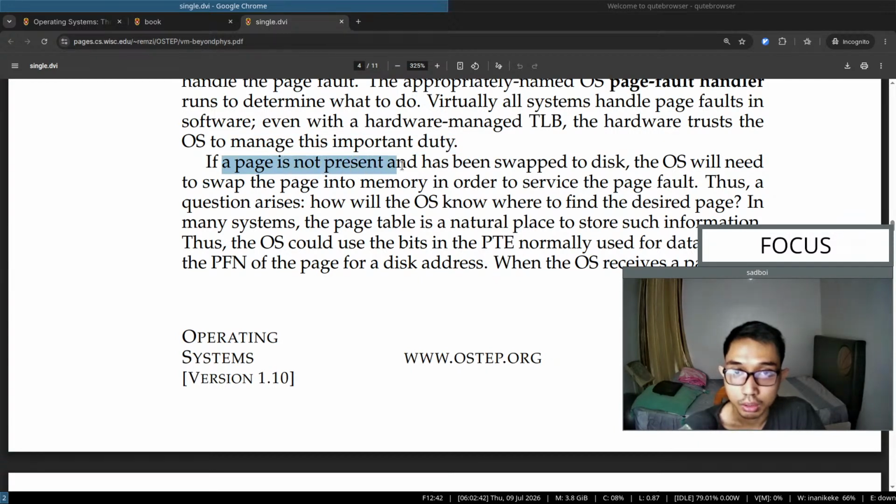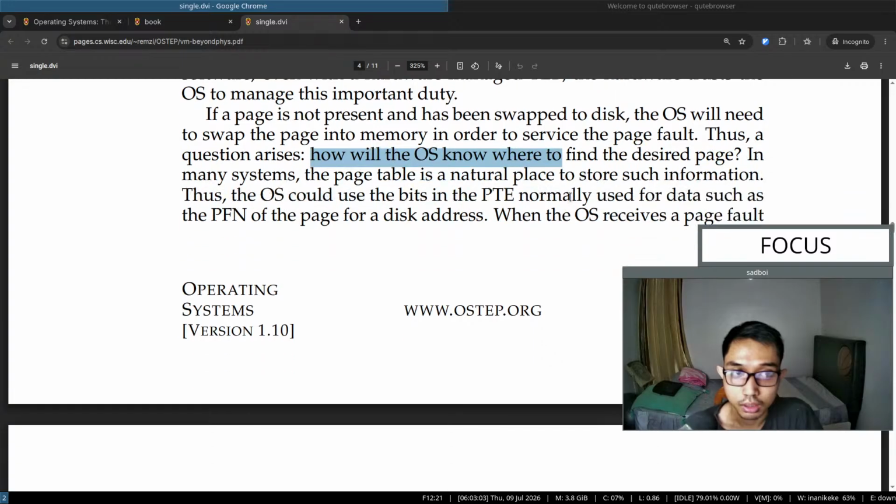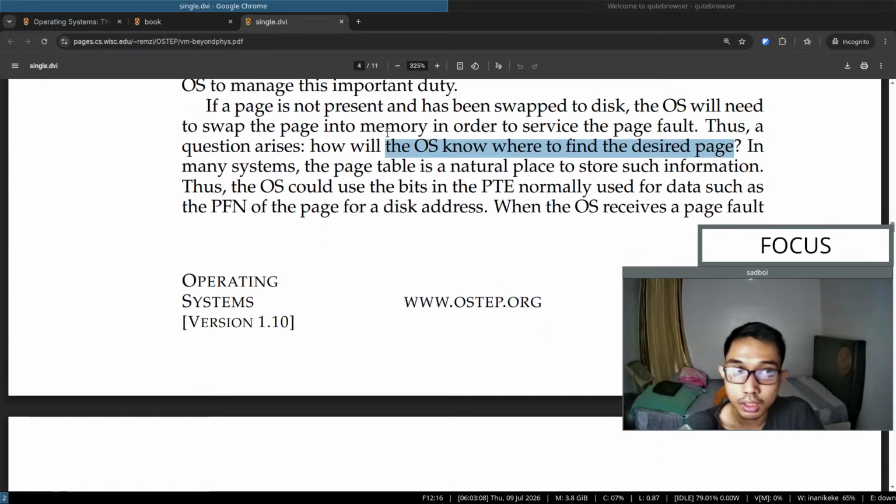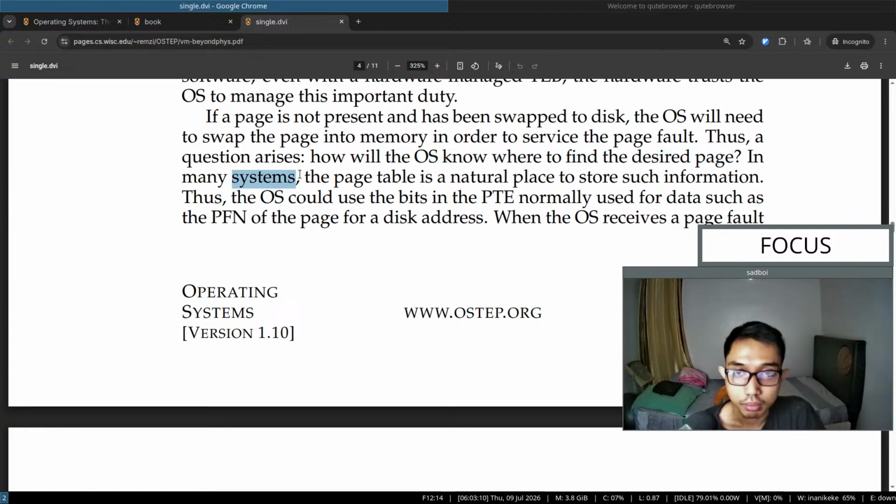If a page is not present and has been swapped to disk, the operating system will need to swap the page into memory in order to service the page fault. Thus a question arises: how will the operating system know where to find the desired page? Right. In many systems, the page table is a natural place to store such information.